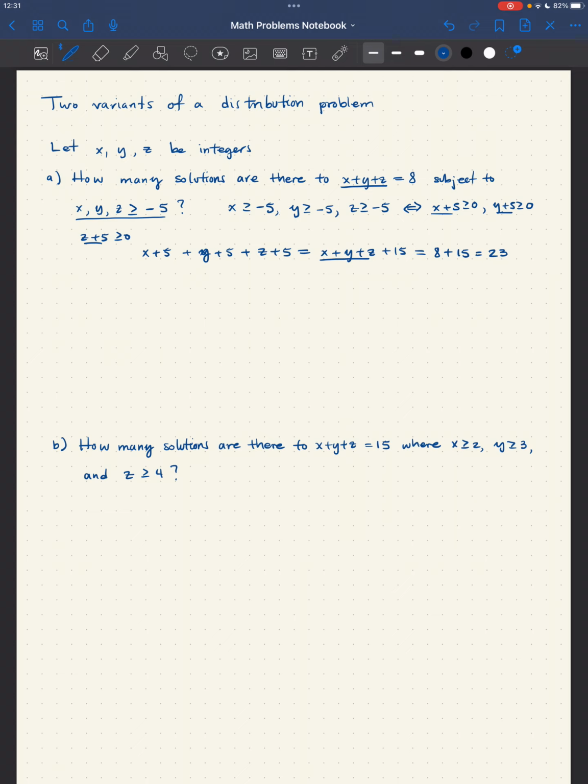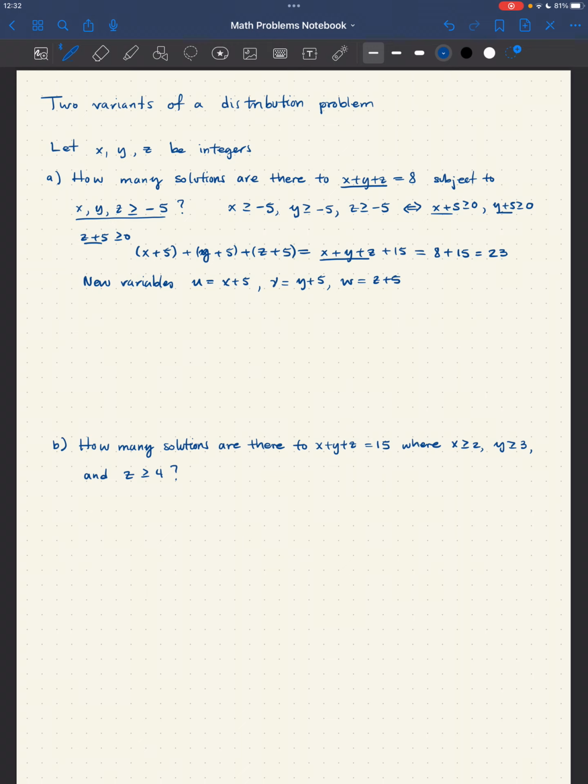Okay, now what may be the use of this new equation? Well, if I put parentheses here, I can introduce new variables. One that is u equal to x plus 5, another one that is v equal to y plus 5, and lastly w equal to z plus 5.